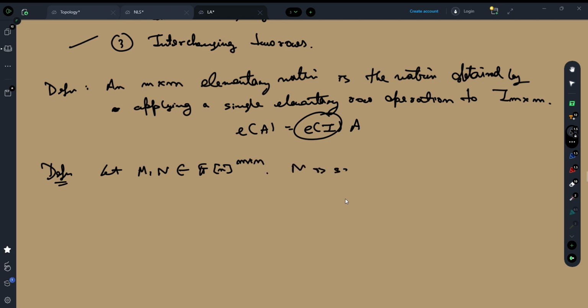So let M and N be m cross n matrices over the polynomial algebra.